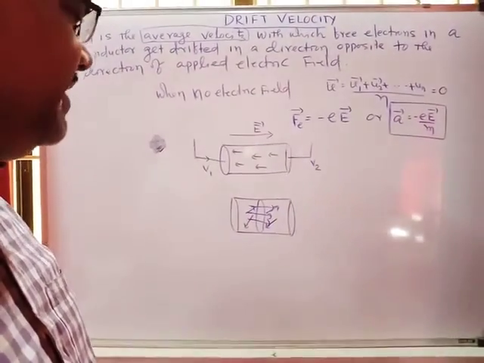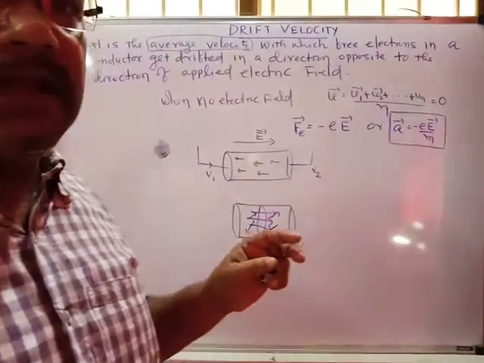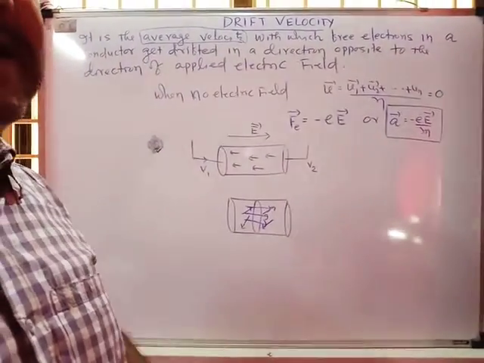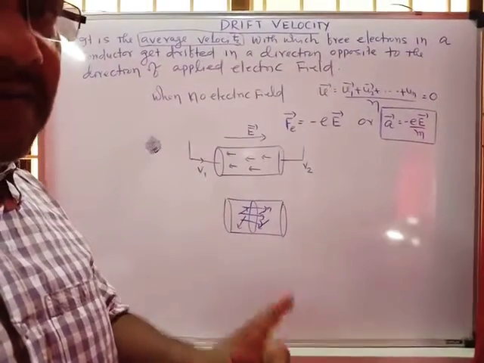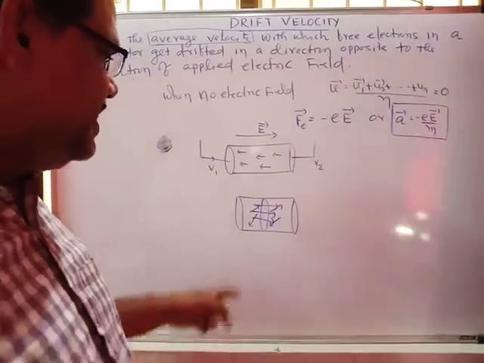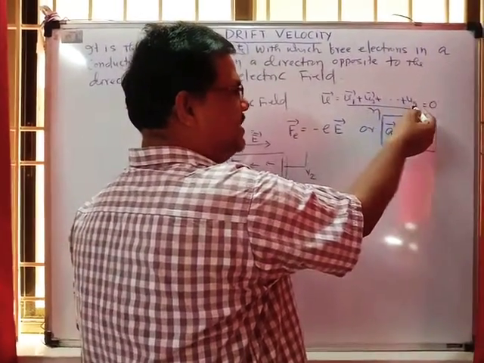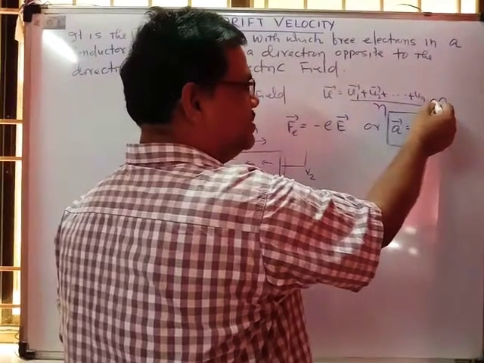At the same time, if you think of u1, u2, ... un as the initial velocities of the electrons in random motion, when no electric field is applied, what will be the average velocity? The average velocity will be equal to (u1 + u2 + ... + un) upon n, which is equal to 0.